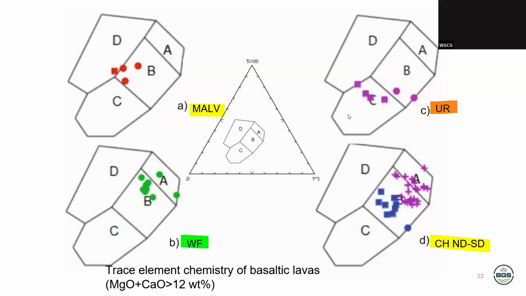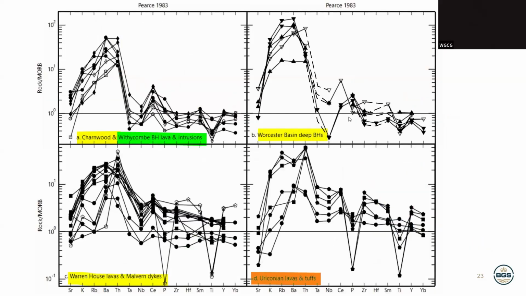Next slide, please. Then these are what we call spidergrams. I shan't labor these, but you take it from me that these signatures reflect various components of a volcanic arc basin. The features we look for are these particular peaks in the rare earths like cerium and elements like thorium.